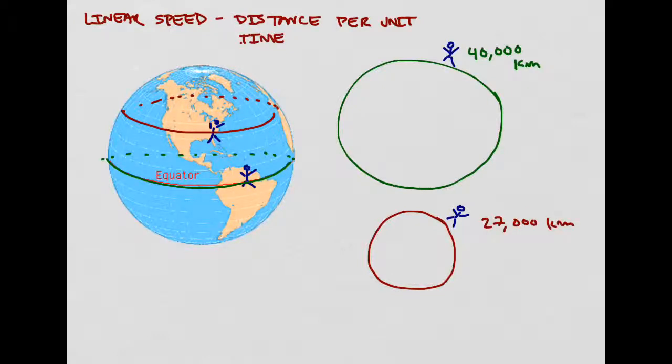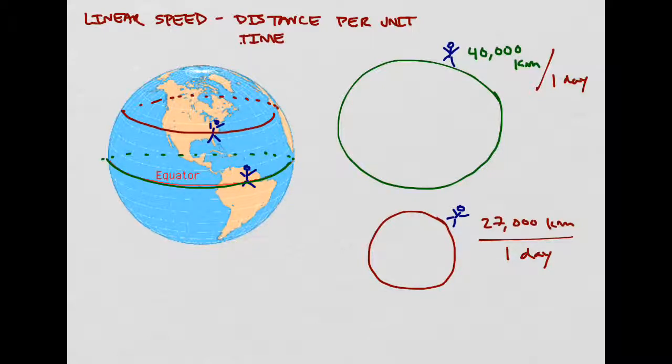So this person at the equator is traveling a distance of 40,000 kilometers per day, and the person standing in Connecticut is traveling 27,000 kilometers in one day. So yes, people at the equator are moving faster around the world than people living in Connecticut.